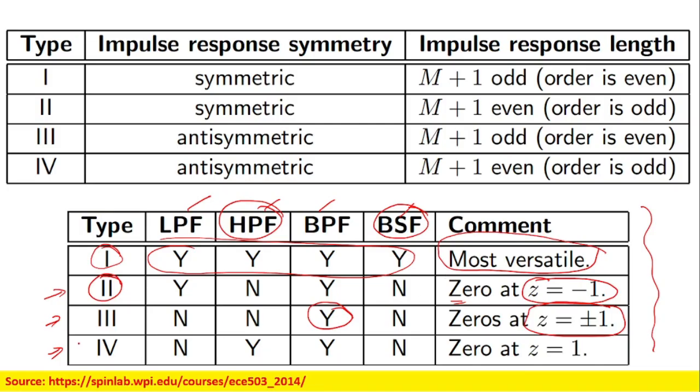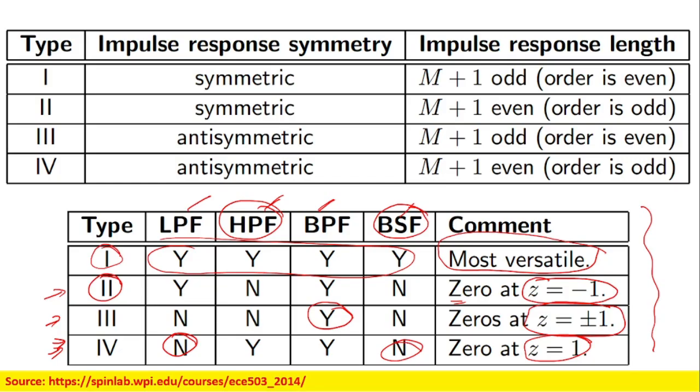Then lastly, type 4 filter, 0 at z equals 1. That means any filter which has low frequency components, where we need these low frequency components, cannot be designed. For example, we cannot design a low pass filter, and again we cannot design a band stop filter. However, we can go for high pass filter and the band pass filter. Okay.